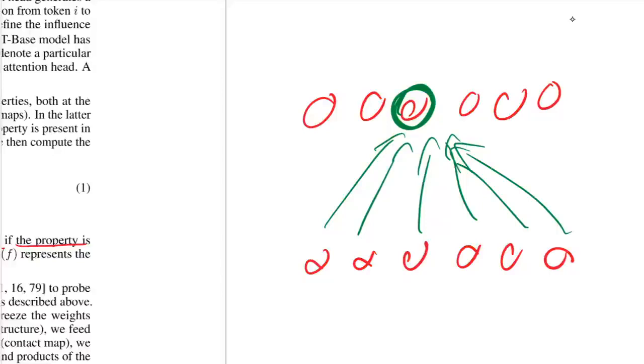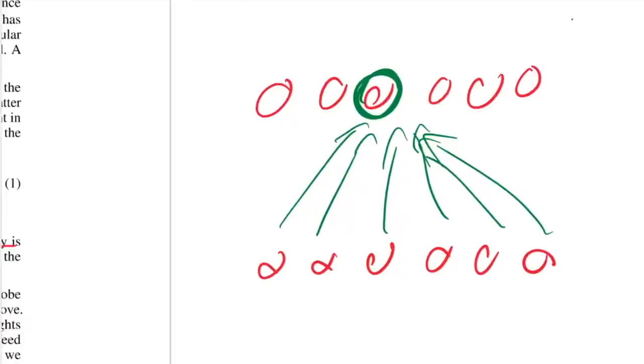Now, what we're interested in is the strength of these connections. So the hypothesis is, here is molecule 1, 2, 3, 4, 5, and 6. If molecules 1 and 3 are contact sites, then maybe we will find a layer where this connection between 1 and 3 is very strong.